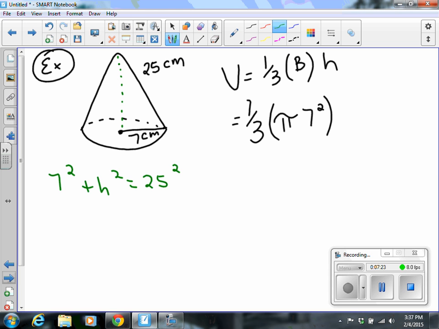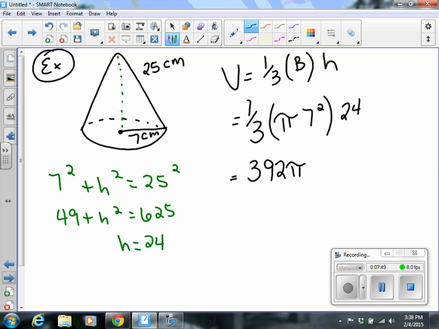When I go through this whole process, I find out that h equals 24. So now I can take that, plug it over here to my regular height. I can just plug in 1/3 times 49 times 24, and I get a final answer of 392 pi centimeters cubed.